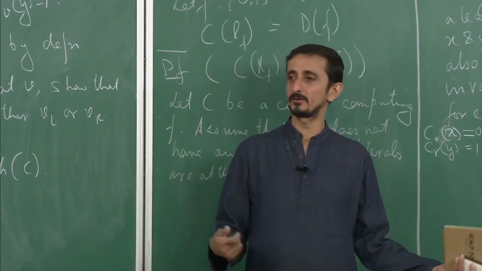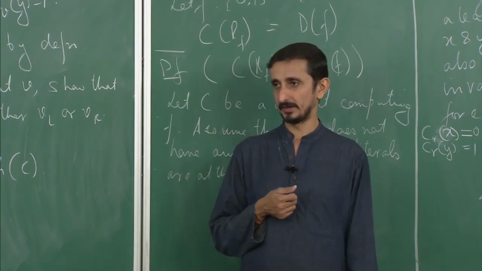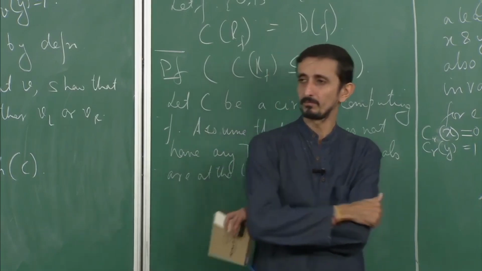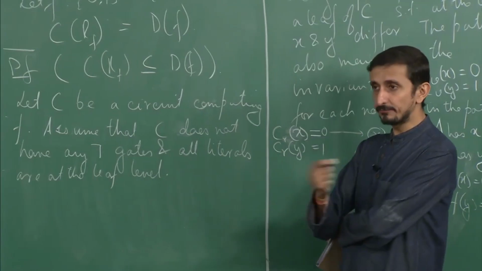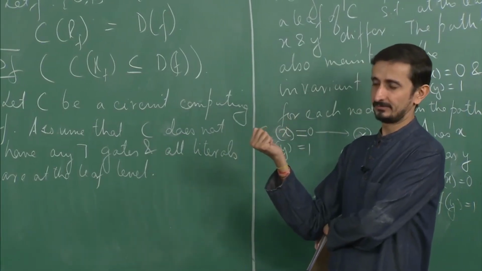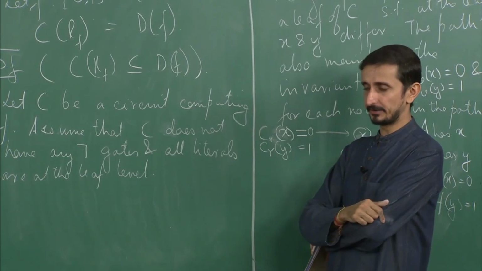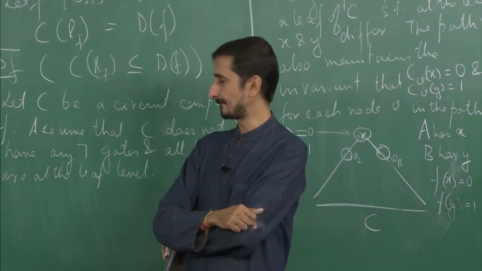Alice has one part of the input, Bob has another part, and they want to compute f of xy. So f of xy is the index i on which x and y differ. We are defining f in that particular manner.